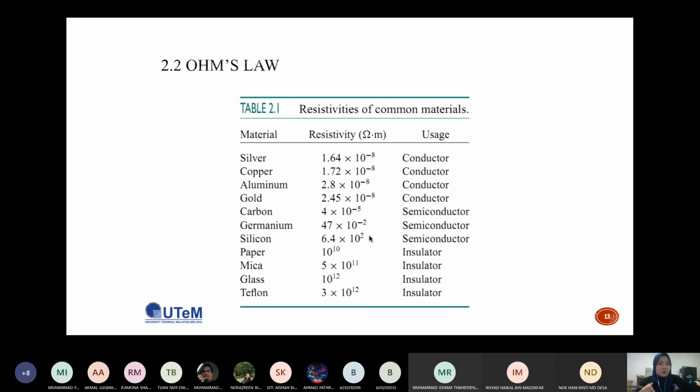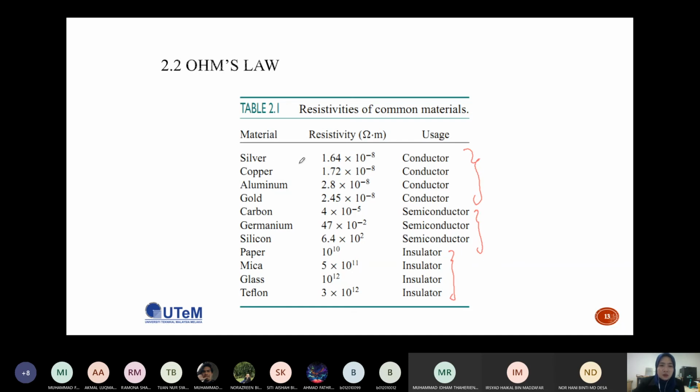A conductor is a material that is very good at conducting electricity. An insulator is not good at conducting electricity. Between conductor and insulator, we have something called a semiconductor.